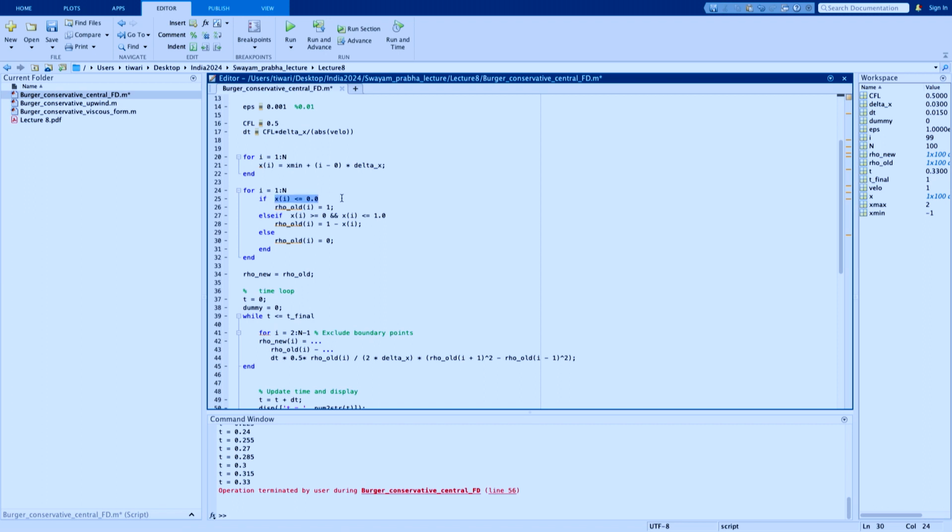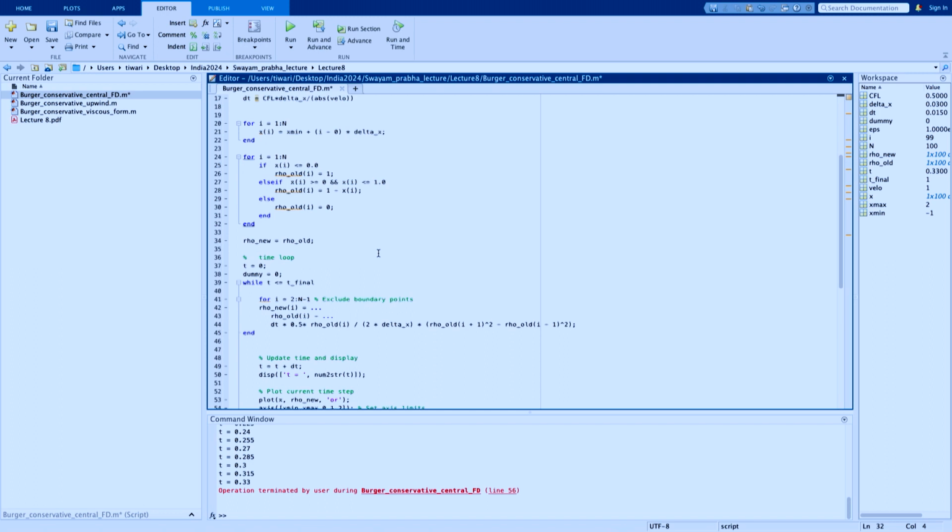If x is negative, or -1 to 0, then my density is equal to 1. If it is between 0 and 1, my density is falling linearly, 1 minus x. If it is between 1 and 2, it is 0, which I have plotted initially on the board.